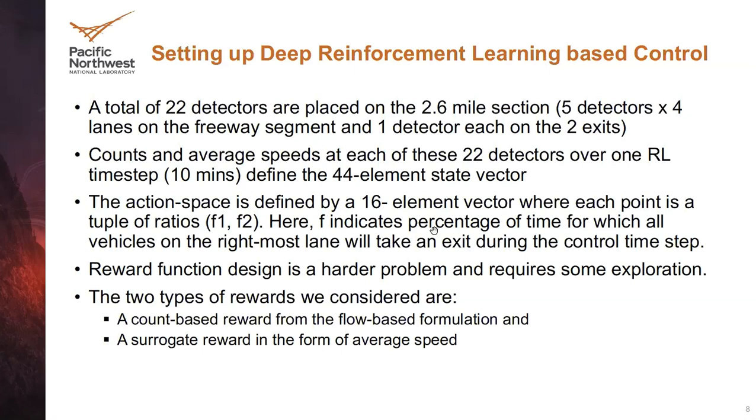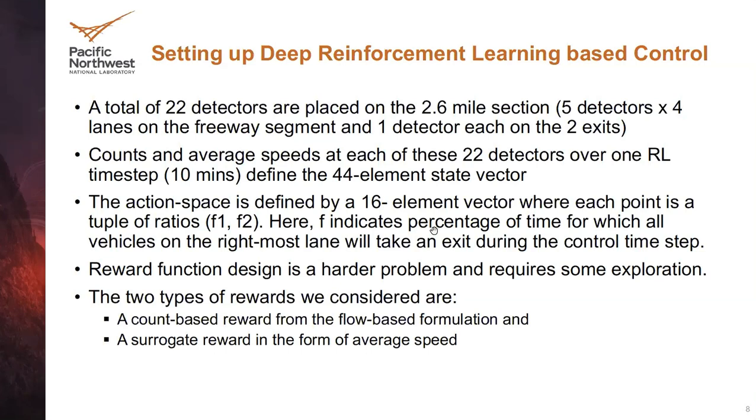And this defines the 44 element state vector. And then the action space is defined by a 16 element vector. This is denoted by F1 and F2. And these are the percentage of time for which the vehicles on the rightmost lane will take the exit. F1 refers to exit 1 and F2 relates to exit 2.